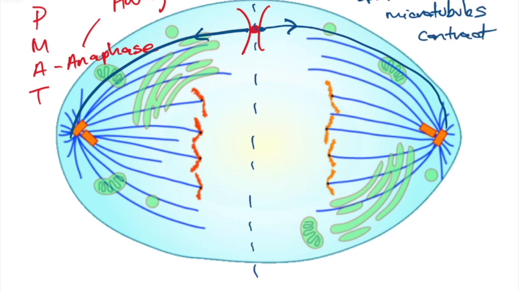The centromere, the structure in the middle, divides to allow each of those strands to go their own way.